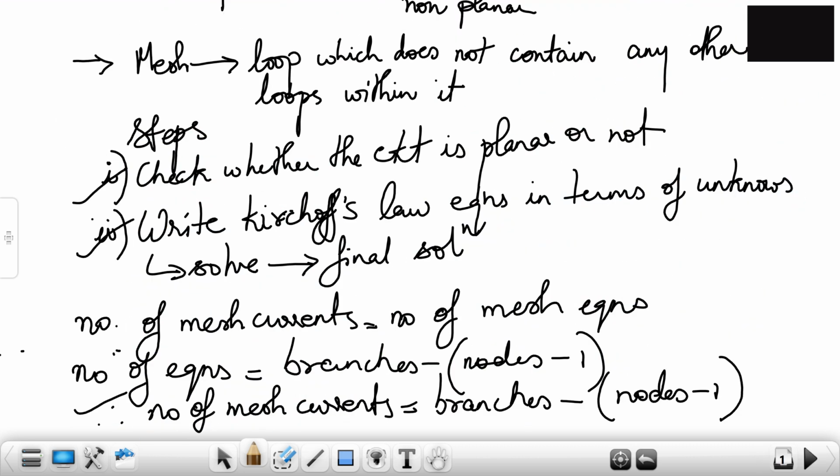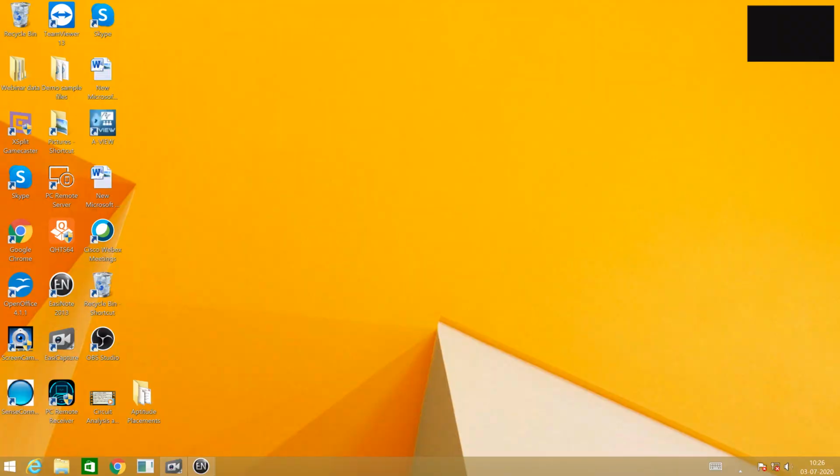This is how you solve the mesh equations.